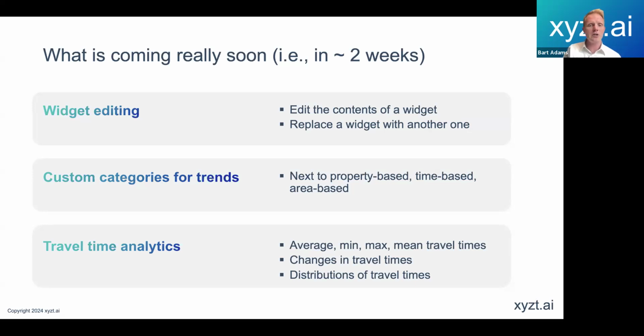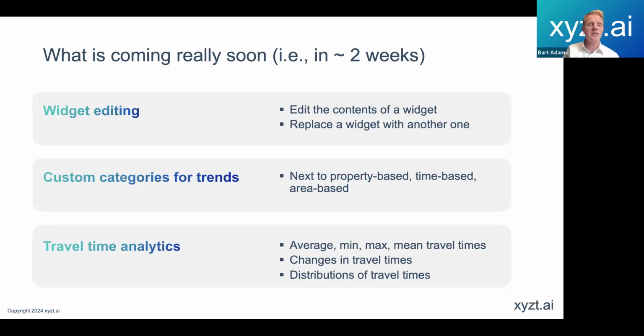You can look at the average travel times, the mean, the min, the max, and so on. You can look at changes and trends in travel time. During which periods of the day is travel time increasing or decreasing along different routes?